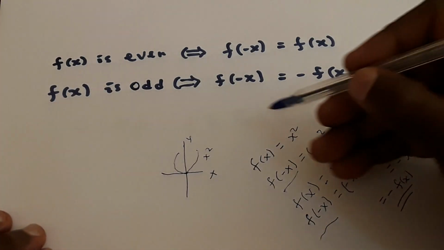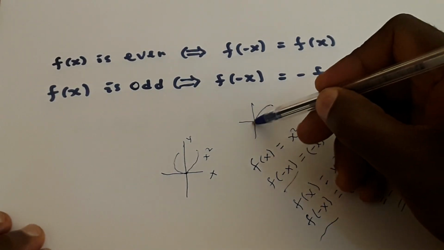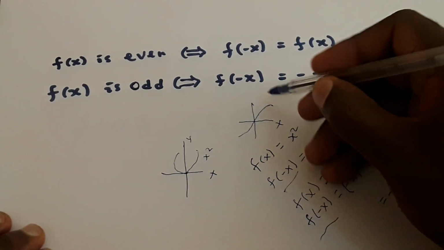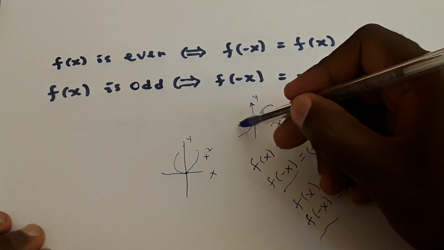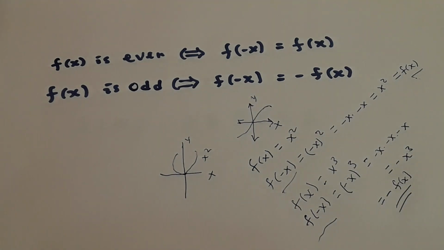You may consider a function like this form, with the x and y axes. Clearly these functions are symmetric with the origin. That means it must pass through the origin.